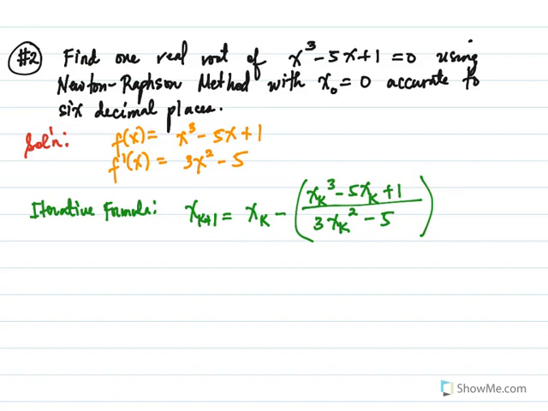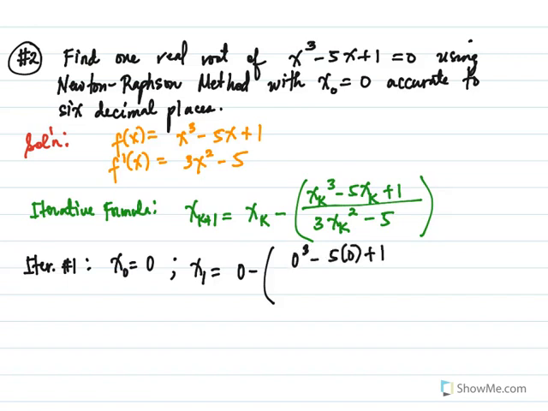We do now our first iteration. Iteration number 1. Our initial guess is 0. So x sub 1 is equal to 0 minus 0 cubed minus 5 times 0 plus 1 divided by 3 times 0 squared minus 5, which gives us 0.2.